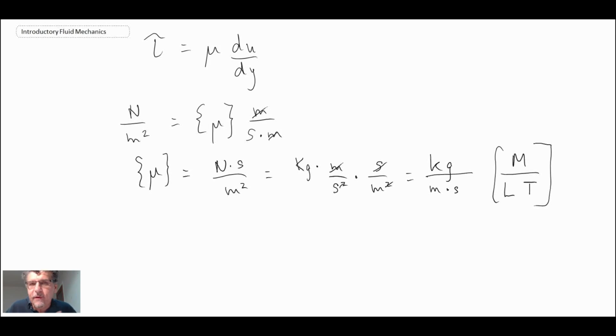And you'll see different units in different books, but really it could be either that or that for the absolute viscosity. Now, one last thing that I should say, and I did mention this at the beginning, is that this is assuming that we're dealing with a Newtonian fluid.